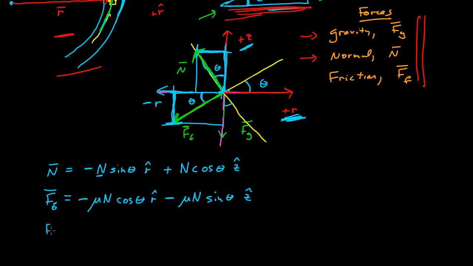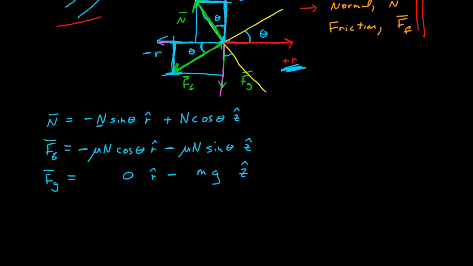And finally, I have the force due to gravity, which has nothing radially. Its magnitude is the mass of the car, in the z direction, and from my coordinate system, I see that's negative. Now I can add these forces together, which gives me the mass of my car times the acceleration of my car.